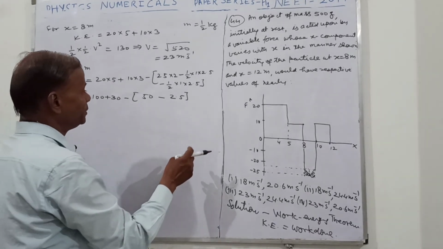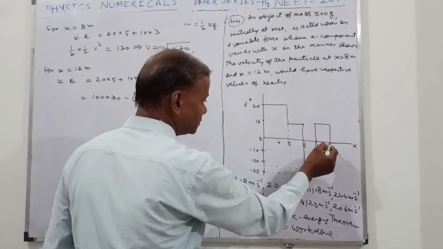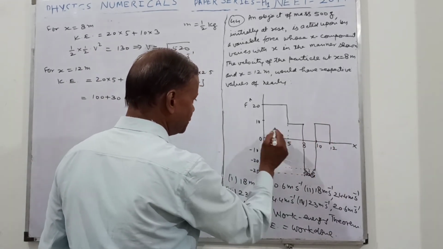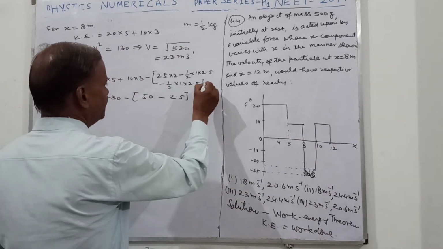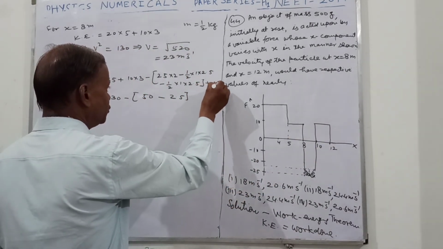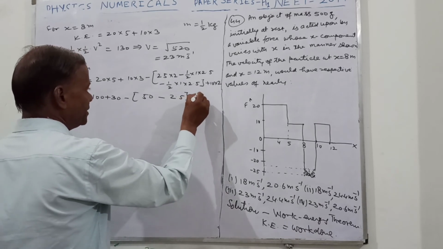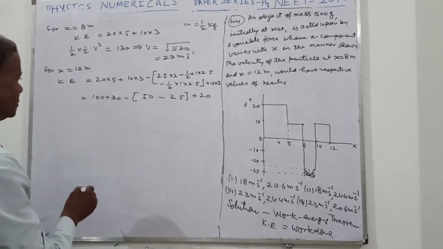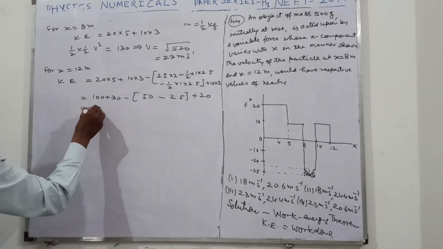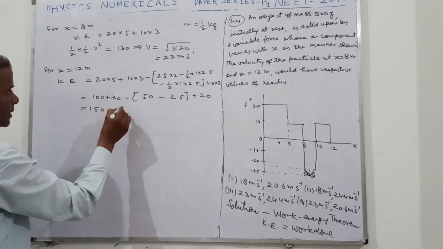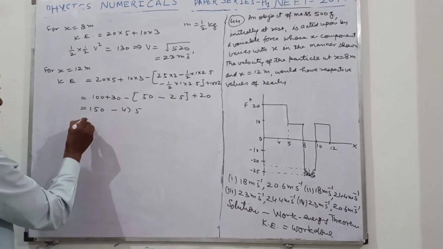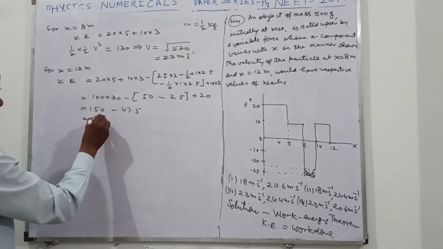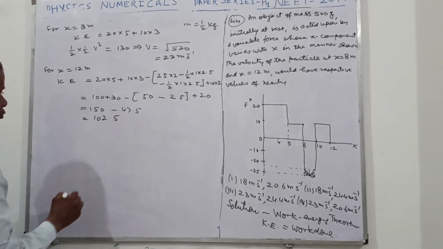And then one more is left here, this part, this one. So this is now your 10 into 2 plus 10 into 2. So plus 10 into 2 is now 20. So this is equal to 150 minus this so much is 47.5. So this comes out to be 102.5 so much.